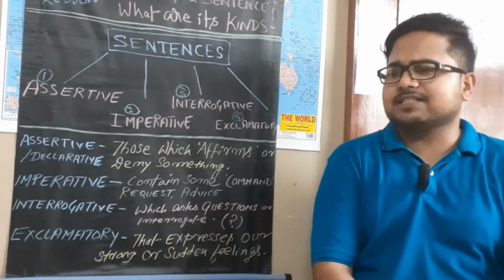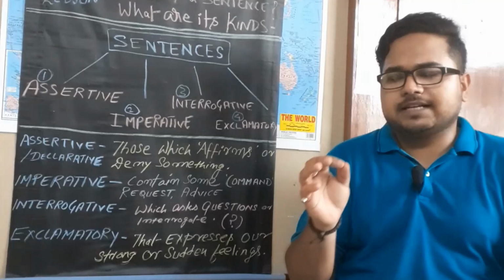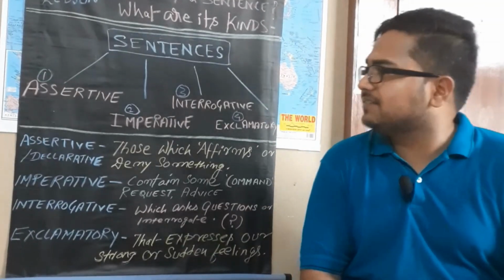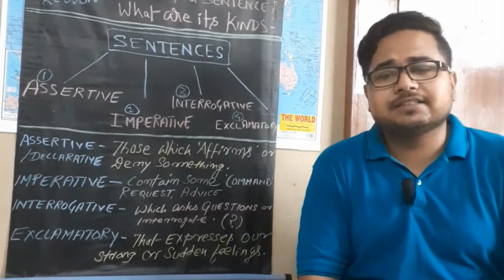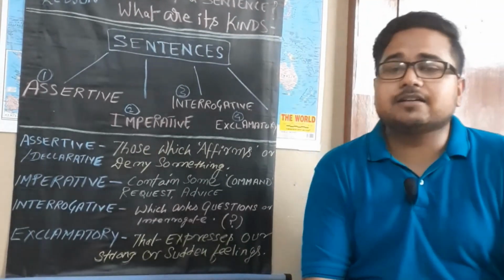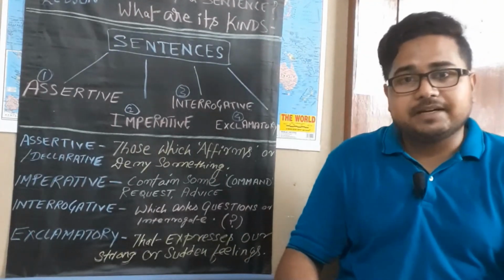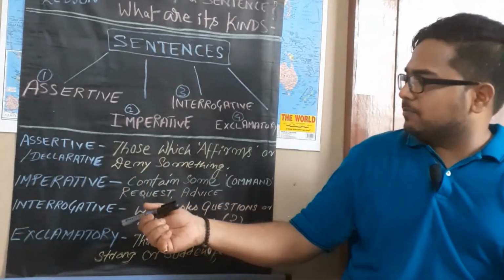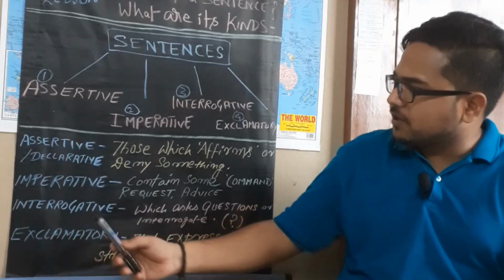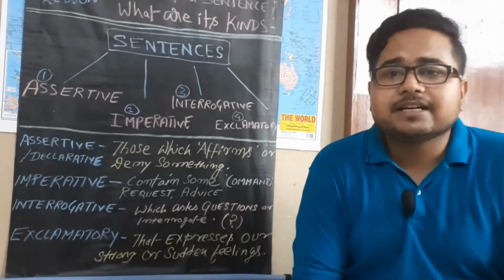Next, I want to tell you a few important points regarding sentences. A sentence must end with a full stop and start with a capital letter. This is the basic thing. The difference will be in interrogative and exclamatory.